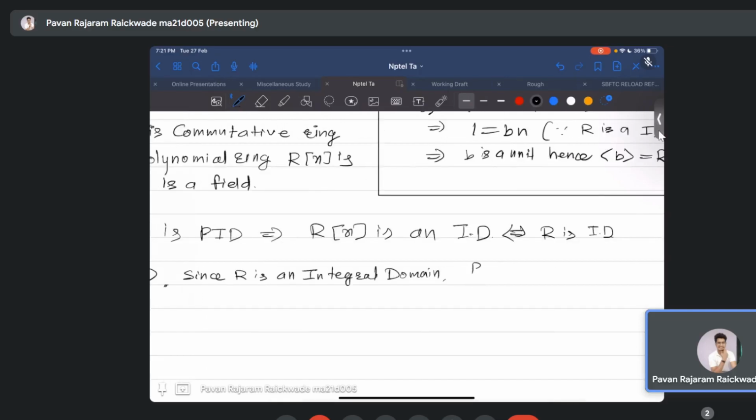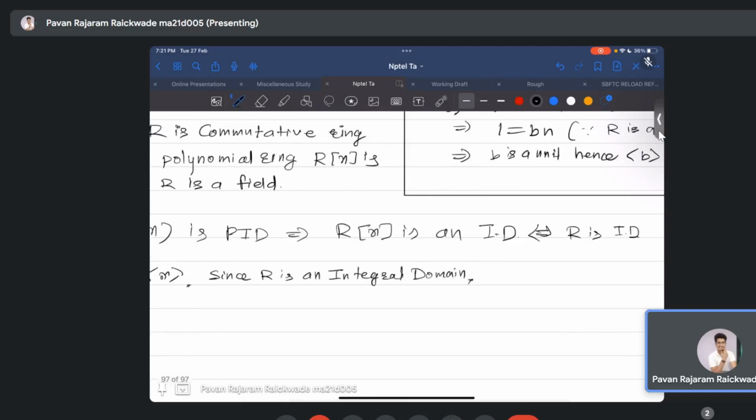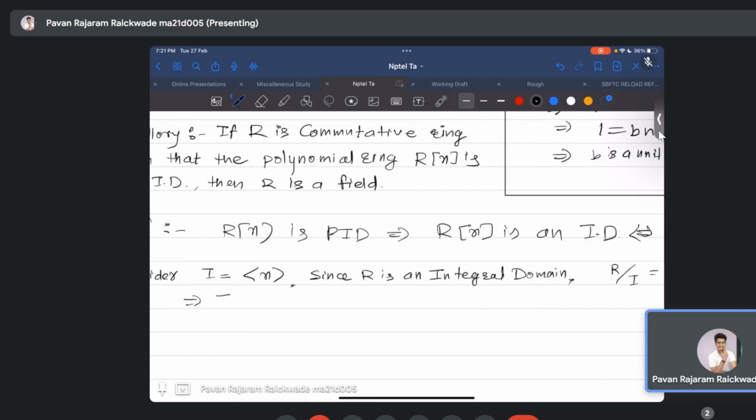Since R is an integral domain, so what do you know? R[x] quotient I, which is equal to R, right, is an integral domain, which implies I is a prime ideal, right?